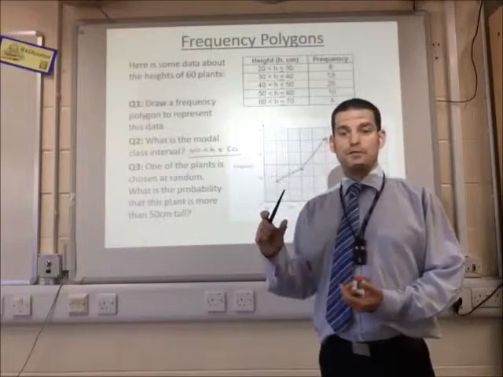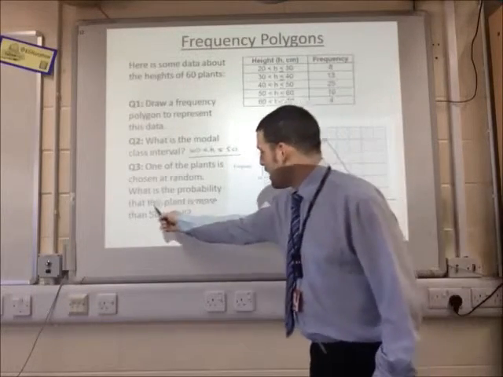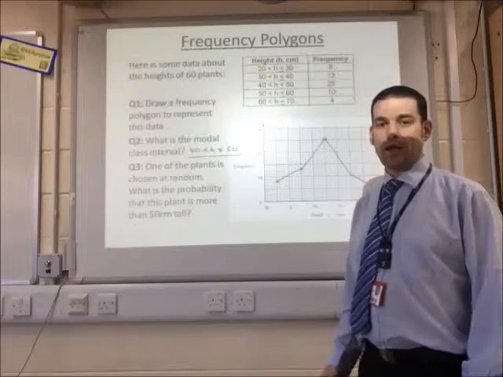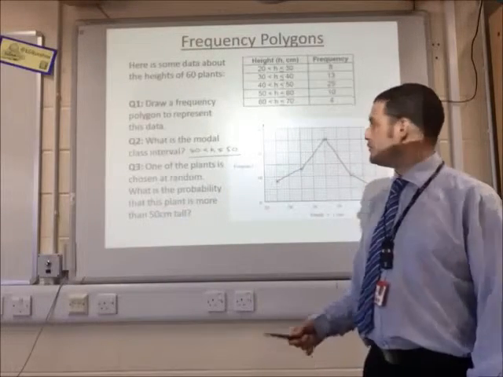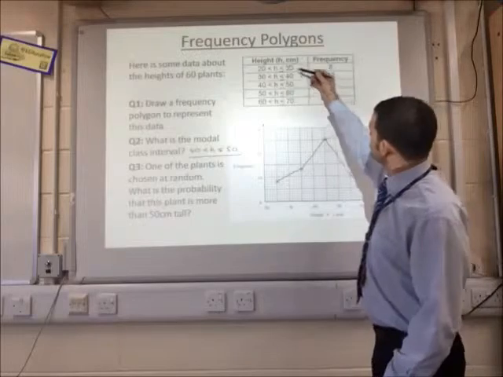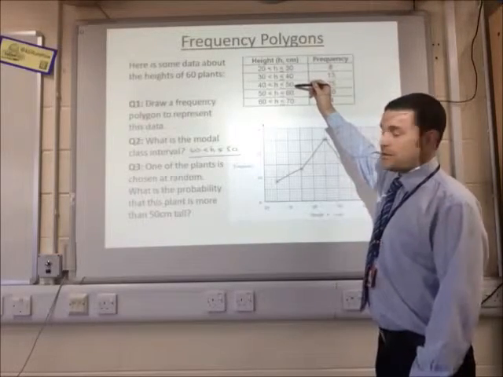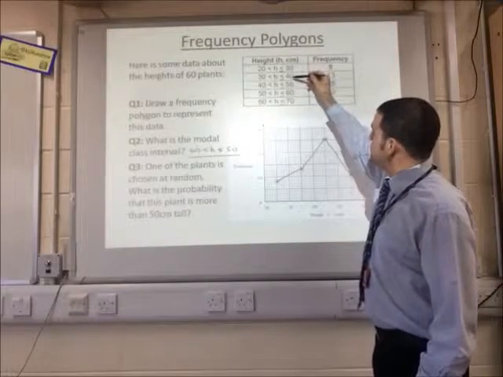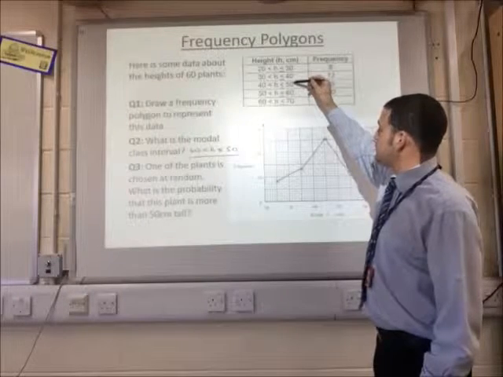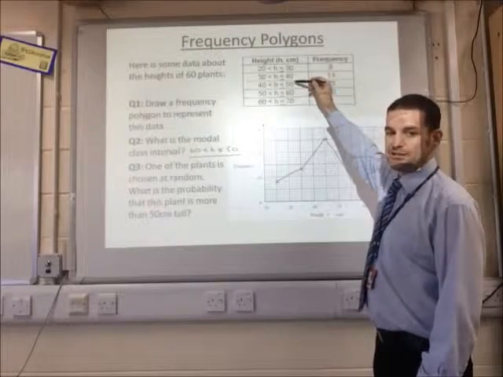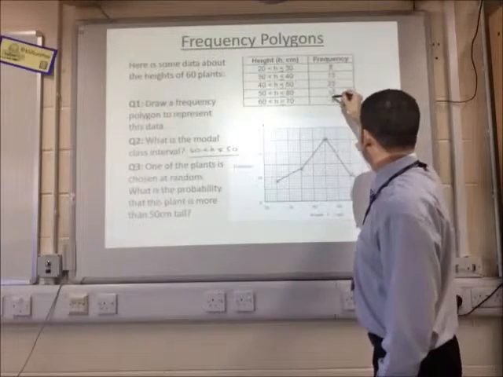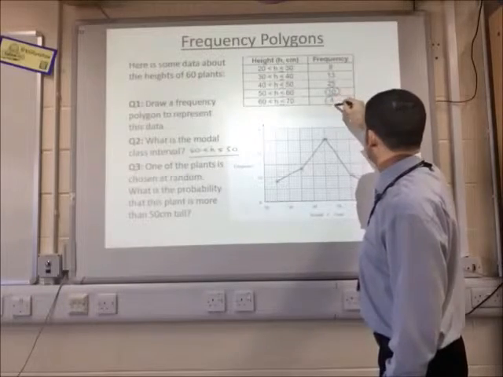And on the top of the fraction, we need to say how many of these plants that there were. How many plants existed that were more than 50 centimetres? Well, not these. All these are from 20, 30, 40, up to 50. So all of those plants are less than 50 centimetres.